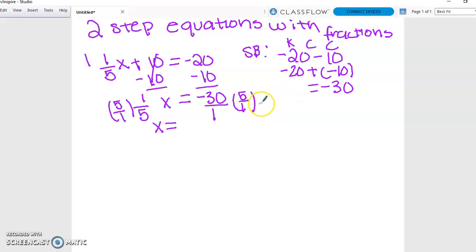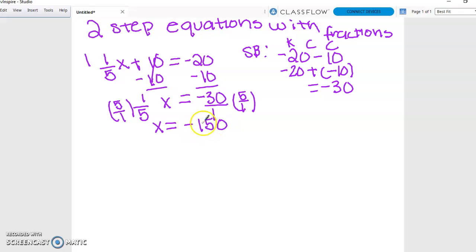And 30 times 5 is, what's 30 times 5? So simple way to solve that is 3 times 5 is 15. And we just add on that extra 0 that we have. And that gives us 150.